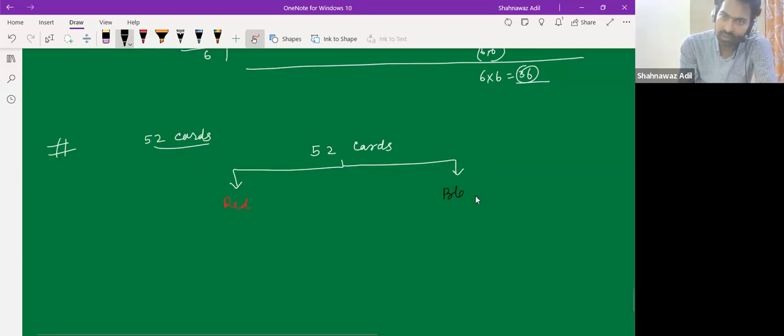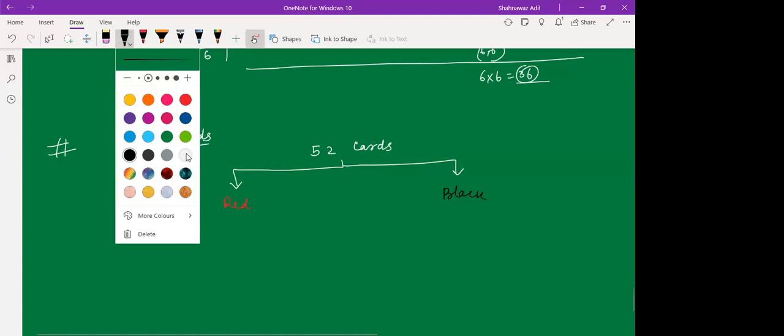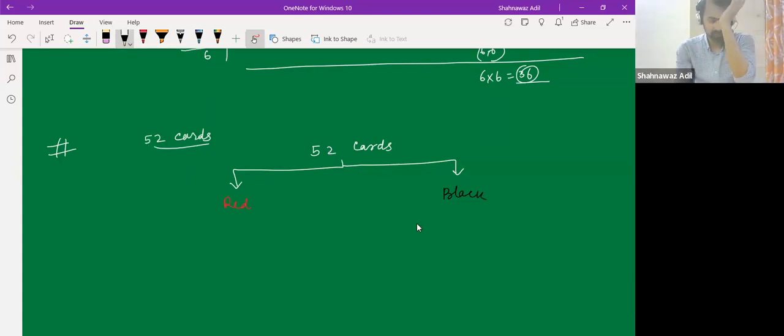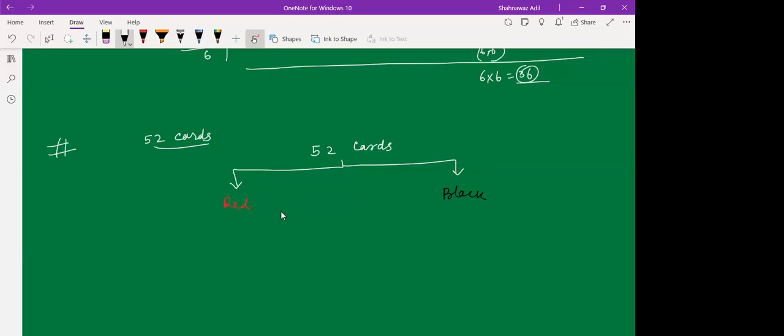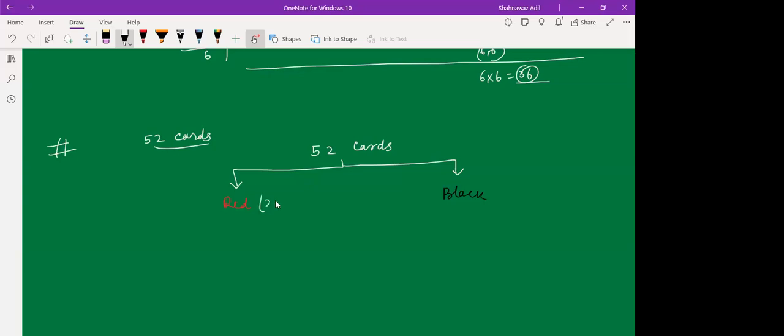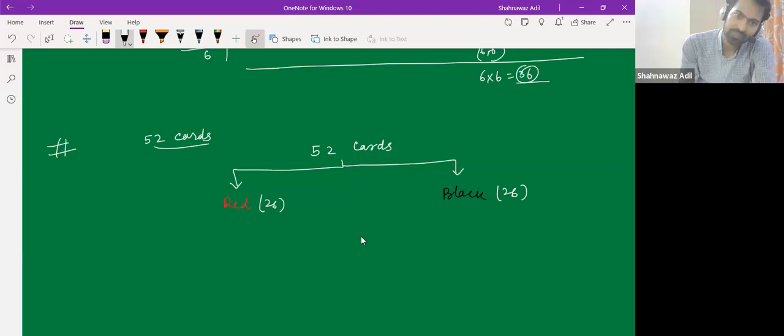Sorry that I'm writing it like this. So if I have 52 cards and I divide it in half, how many would be red cards? 52 by 2, right? So that is 26. Okay.